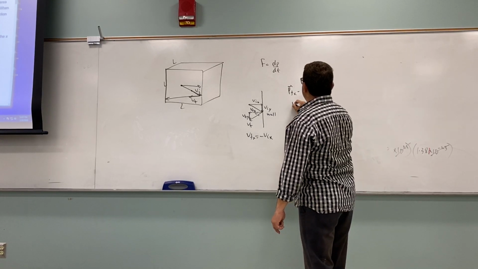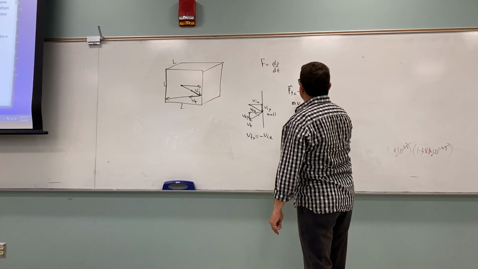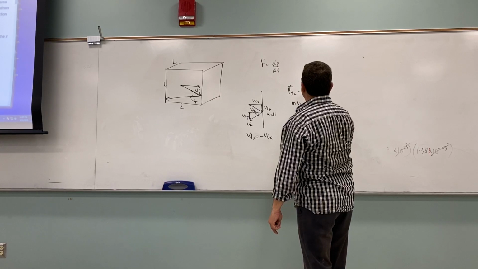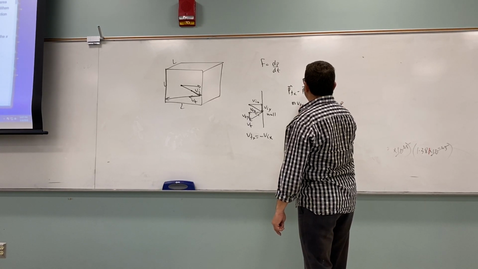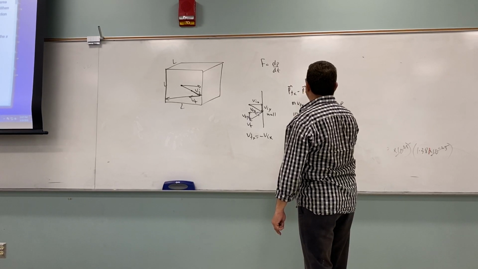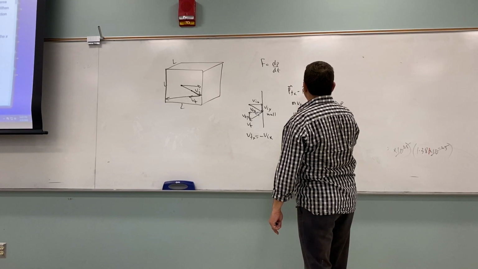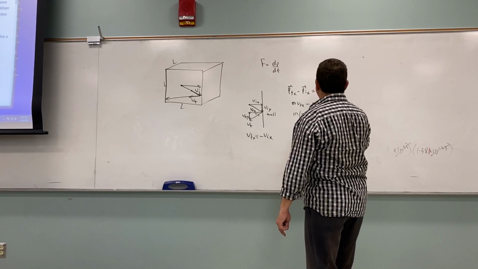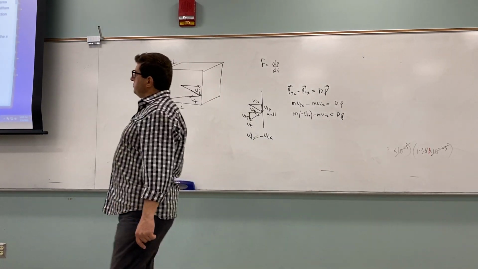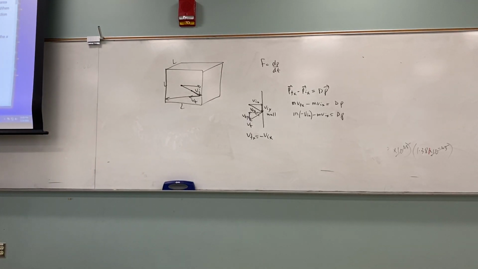So then m V final x minus m V initial x is the change in momentum, and m V final x is going to be negative m V initial x, giving delta P. You see, so that's what they're doing there.